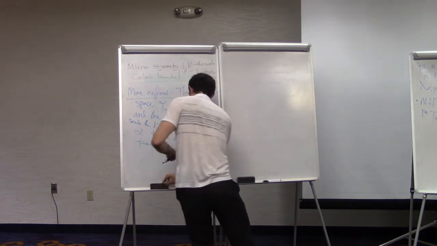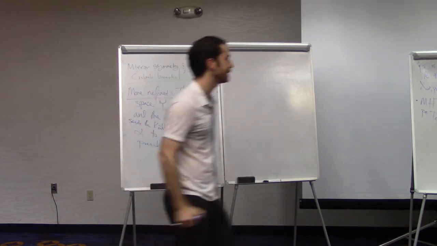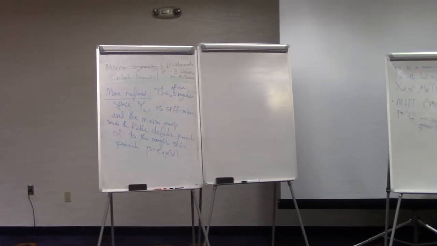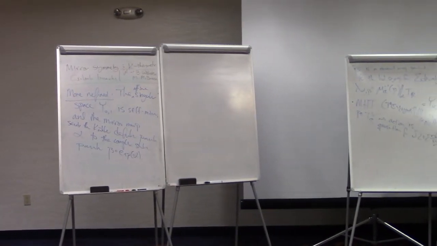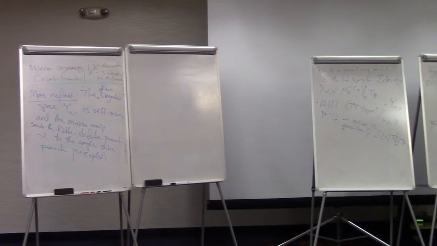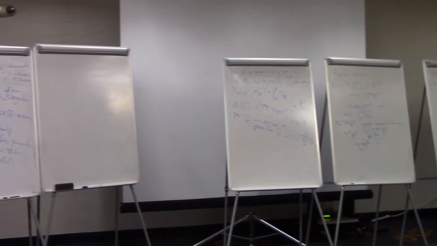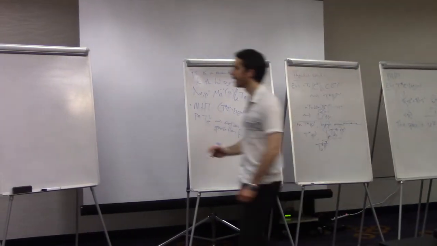So I've defined for you some class of spaces that we're interested in. I've told you from SYZ mirror symmetry, however you like to do it, you can figure out what things are mirror to each other, and so you should want to try to prove that.